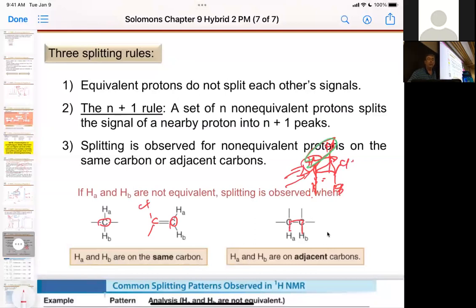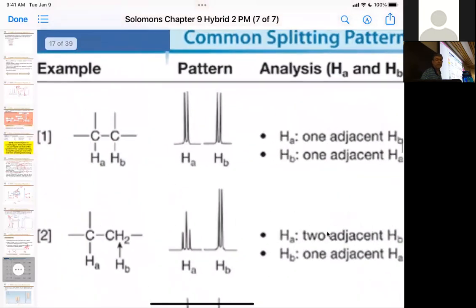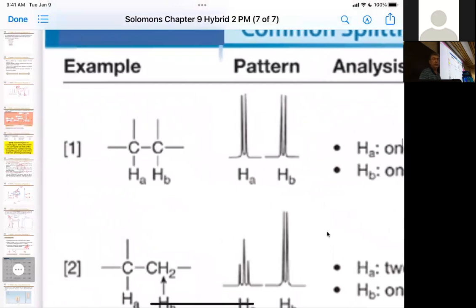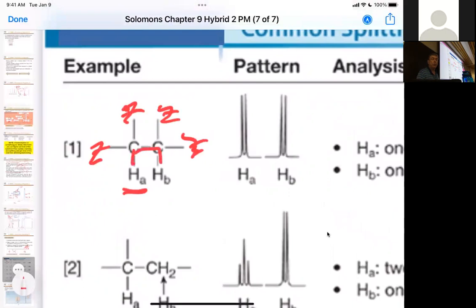Okay, so now I want to teach you some of the most common splitting patterns so you can recognize these quickly. Okay, so the first one is this right here. And so this means that there's anything other than hydrogen on all these things. Could be carbons, could be chlorines, doesn't matter. Okay, but if you only have one group here and it has 1 hydrogen adjacent to it, that's going to give a total of 2 peaks.